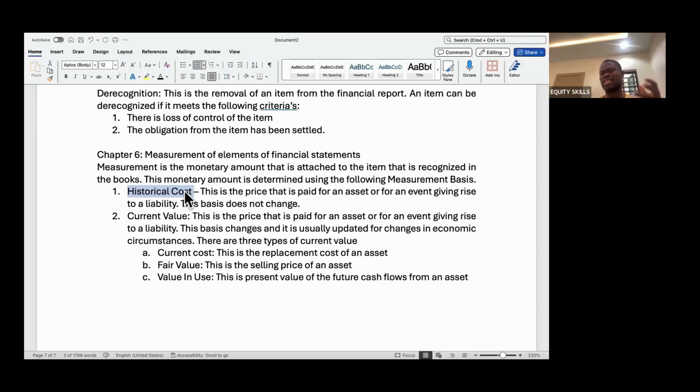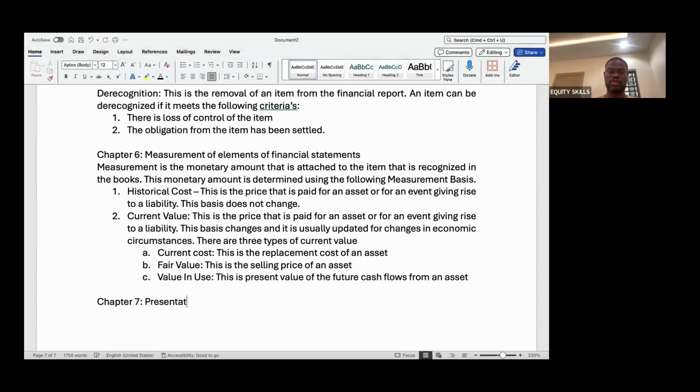This is updated for changes in economic circumstances. Either you are using current cost if you want to replace your asset, or you're using fair value if you want to sell the asset, or you revalue the asset by looking at the PV of future cash flows from this asset. It clearly shows the value of the asset today. Okay, so that's chapter 6 of the conceptual framework.